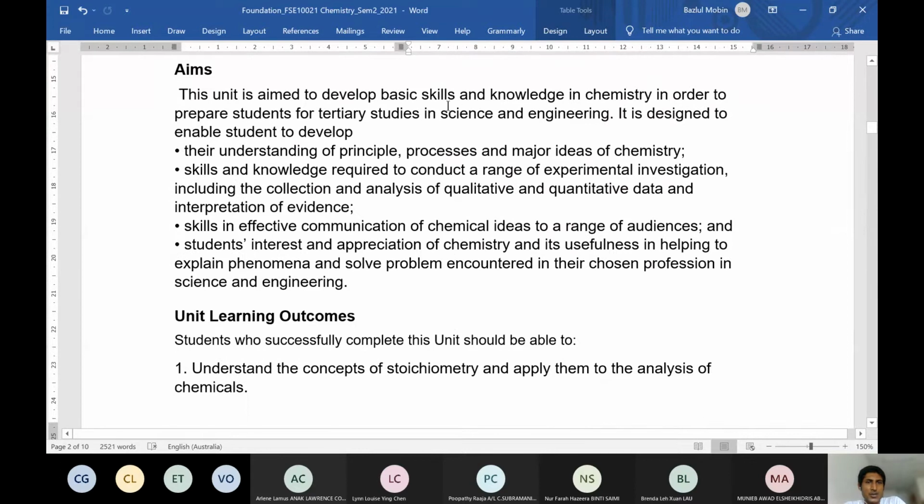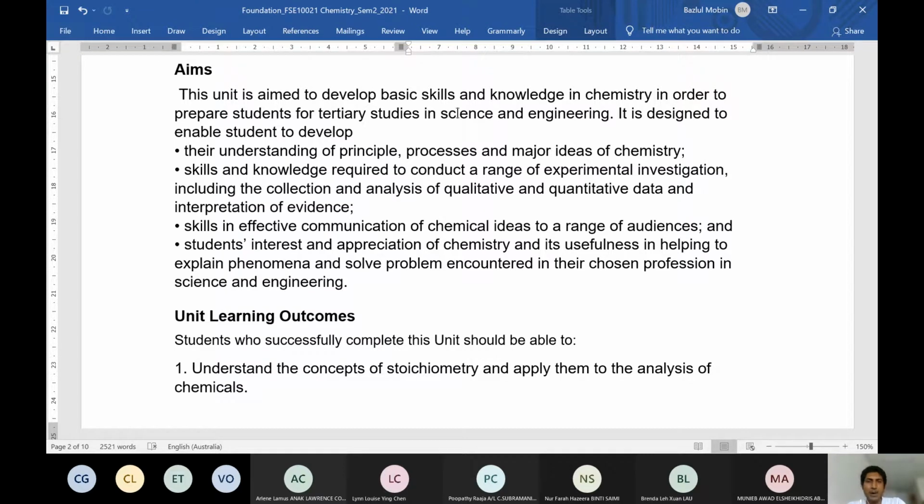What we want with this unit is, I understand that you are oven fresh, just coming from high school, and you have already been exposed to chemistry, so you have a lot of basic knowledge. But as we go into the detail of this unit, you will see that you have only studied the concepts: what is chemistry, what is a reaction, what is an acid base.